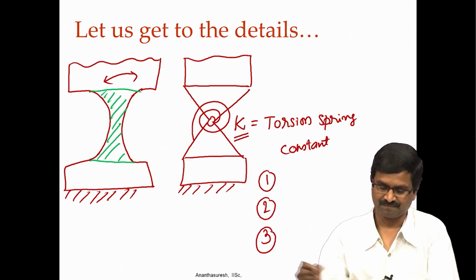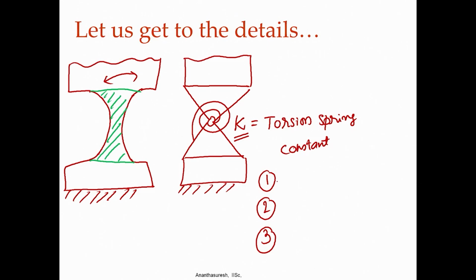The three methods. The first one is to use the beam equation. Okay. You can think of this one. So, what I have hatched here, this whole thing is like a beam of variable cross section. Normally we take a beam to be uniform cross section, but you have a variable cross section beam and it is deforming.